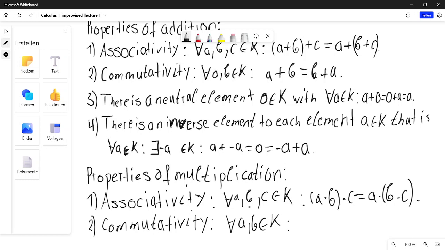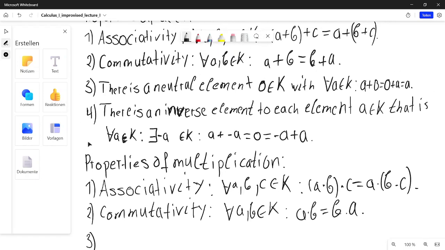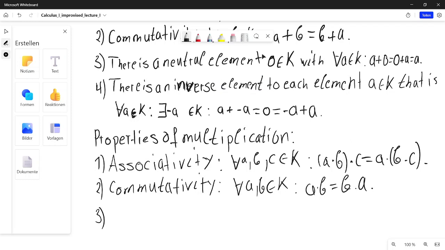For a, b element of K, we just have that ab is equal to ba. Okay, so for multiplication, we also have some equivalent ways to write things, and that saves us time of writing.